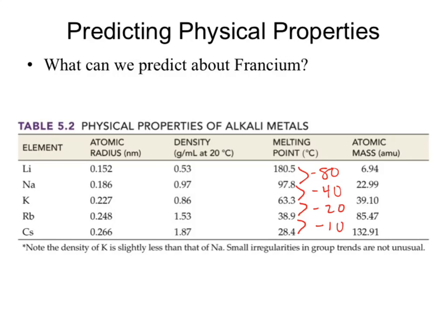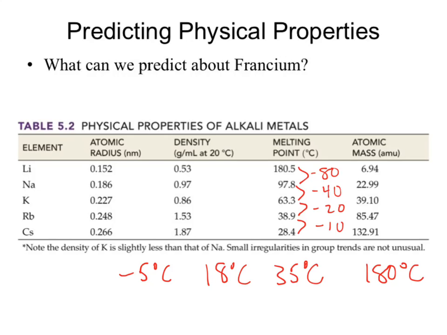So, multiple choice question. Melting point possibilities. I could ask or give you as an answer, let's say, let's go with, how about this? -5 degrees Celsius, 18 degrees Celsius, 35 degrees Celsius, and why not? 180 degrees Celsius.